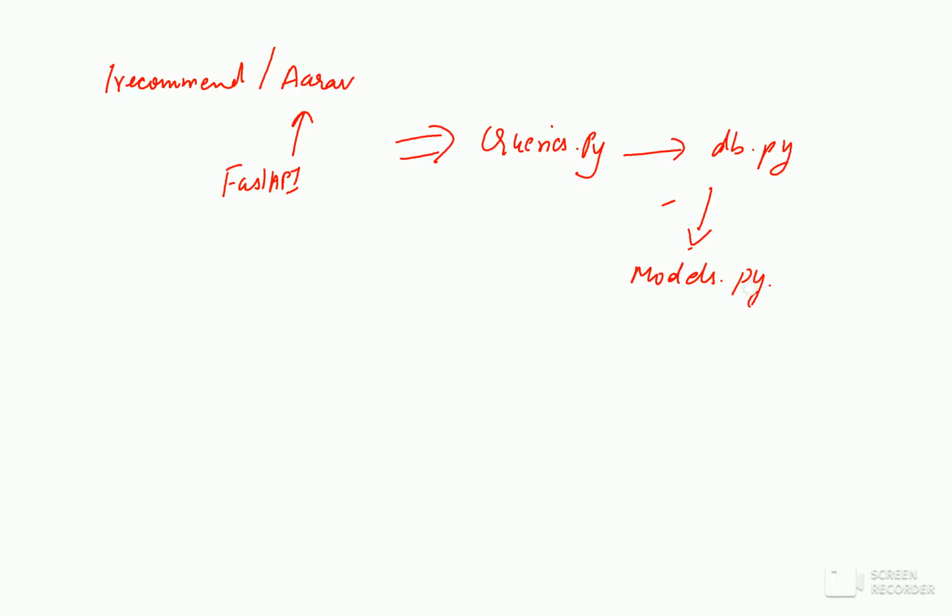Now this flow is making clear, okay, and returns a clean JSON file.